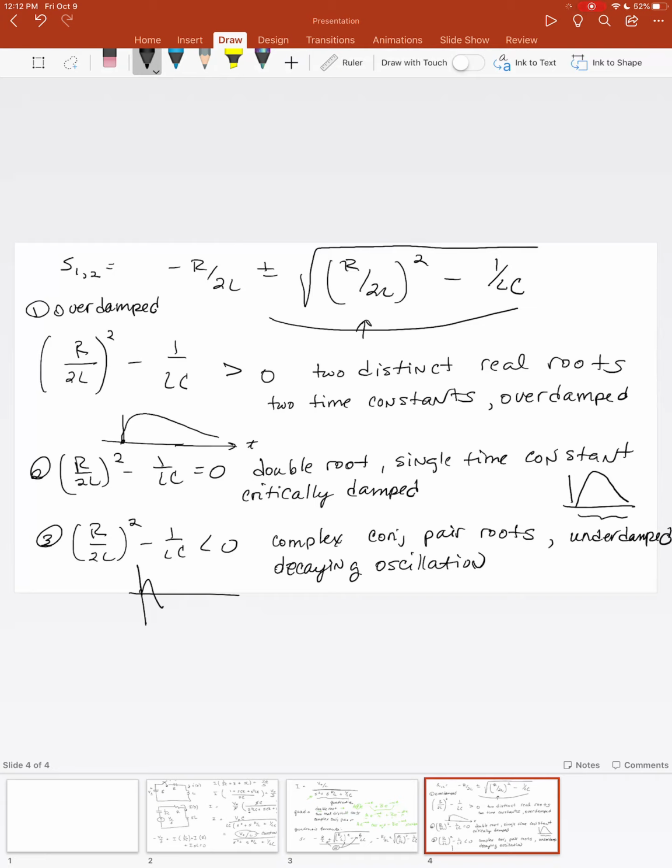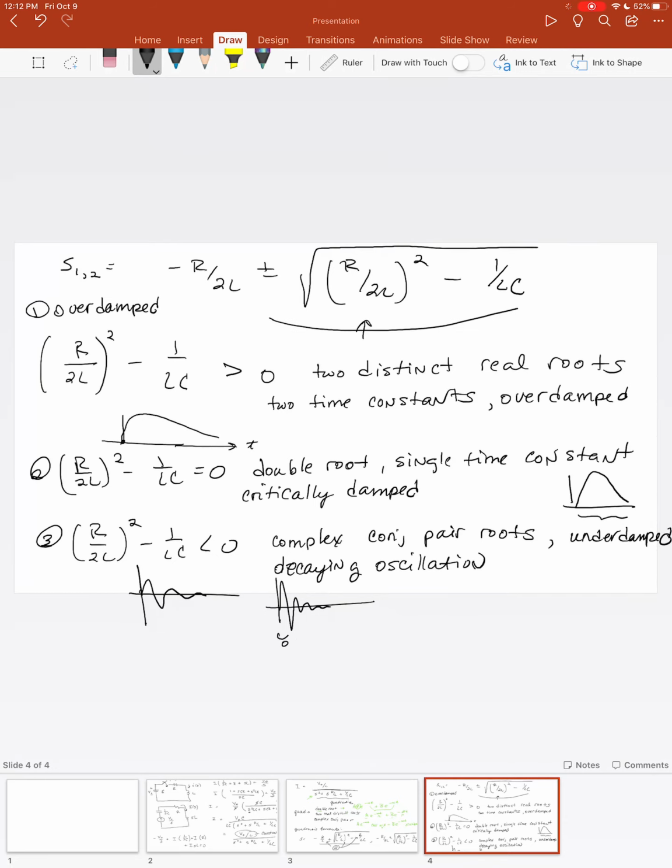So there we would have something that looks like this. Depending on the relative relationship between the frequency and the decay rate, you could also have something that looks like that.